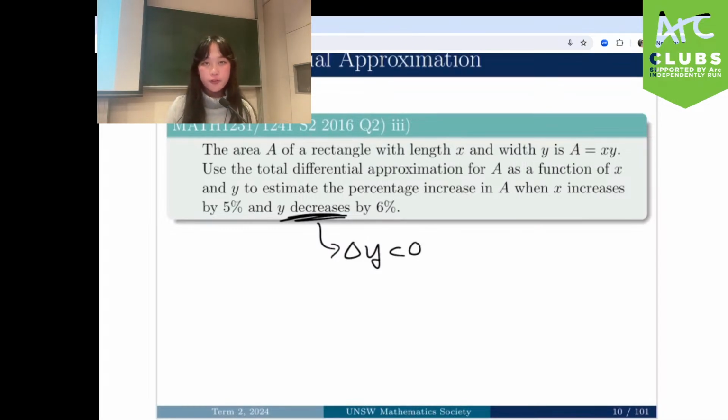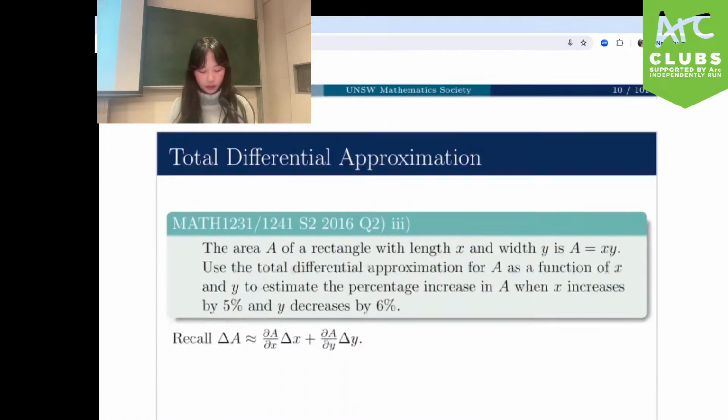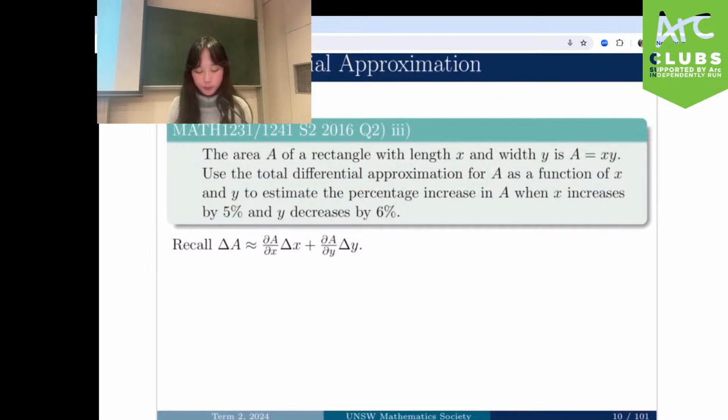So what we do after that is we want to obtain delta x and delta y. And of course, here's our lovely formula. Our multivariable function here is A. We want to find the overall change in area. So what we do is we take delta A. We use the total differential approximation formula and we get this.